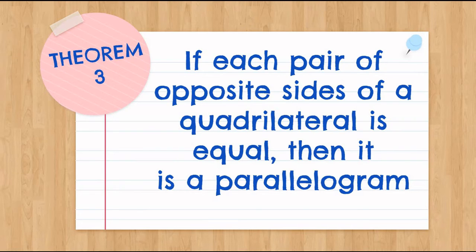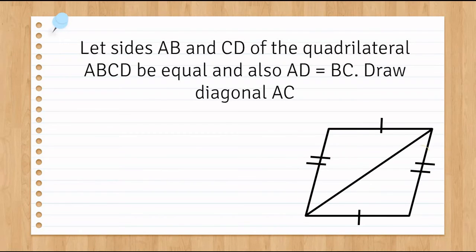So we should also verify if the converse is also applicable. So can we reason out why? So let's take the sides AB and CD of the quadrilateral ABCD. Let's name this quadrilateral ABCD, this quadrilateral that you see here.